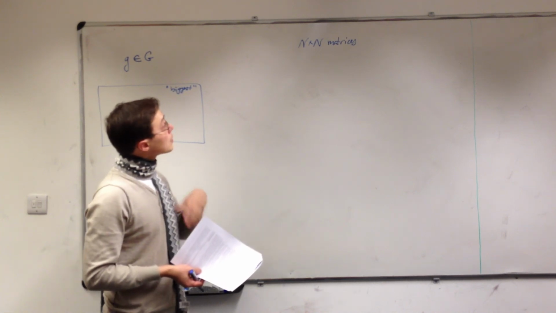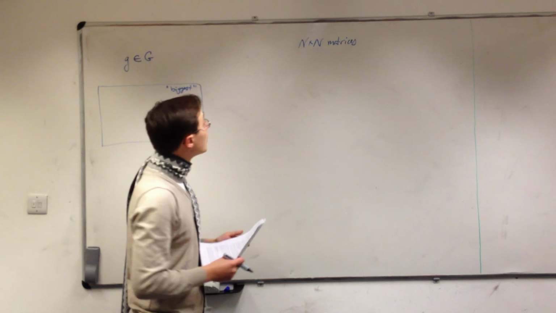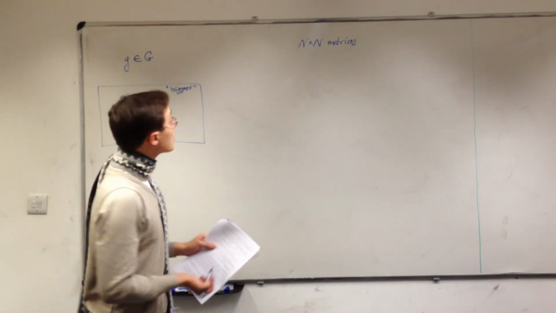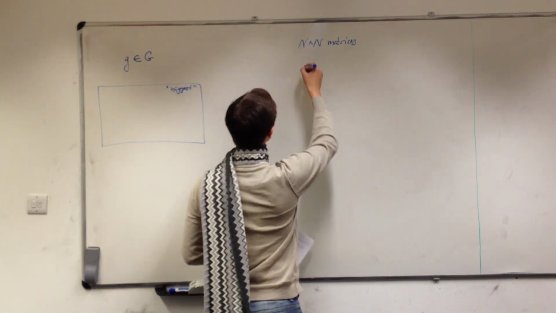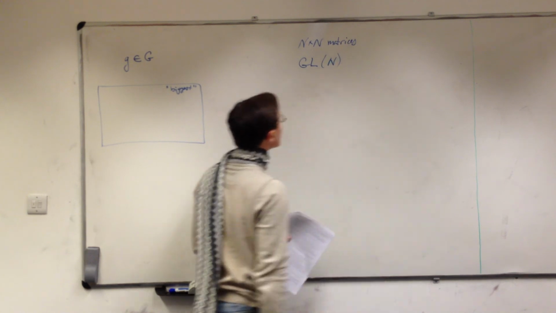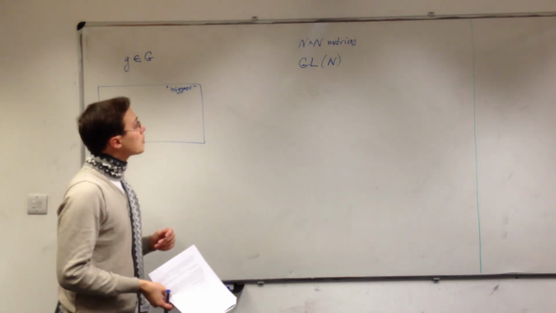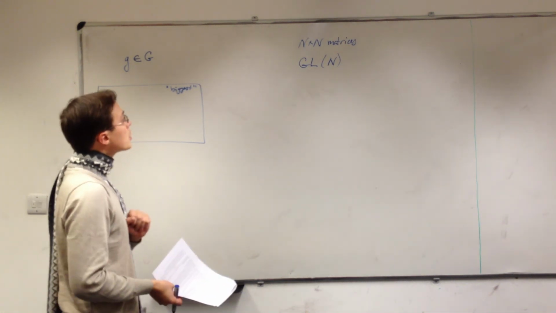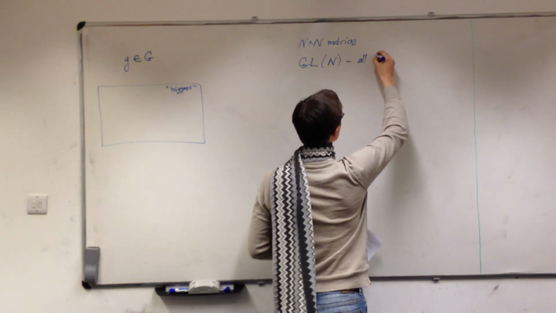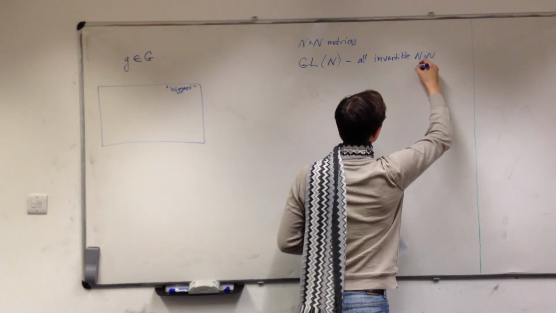So in order to make this into a group, we must impose a condition that the matrices be invertible. So the group of all invertible n by n matrices is known as general linear group, GL, of dimension n. It could be a group over complex numbers, it could be a group over real numbers, various particulars change, but this is a group of all invertible n by n matrices.